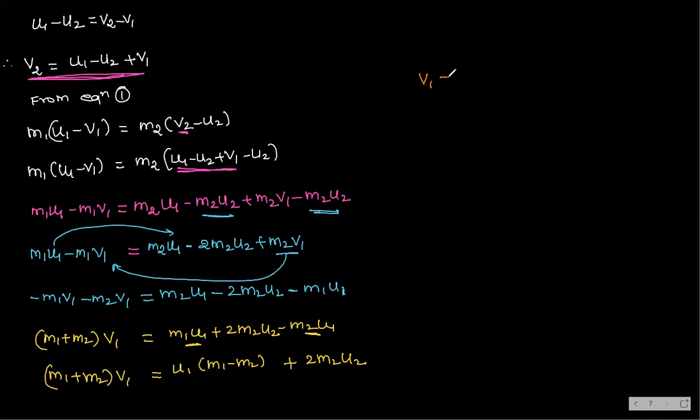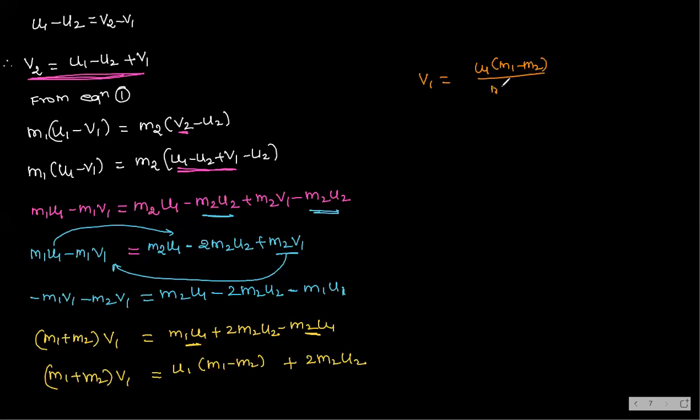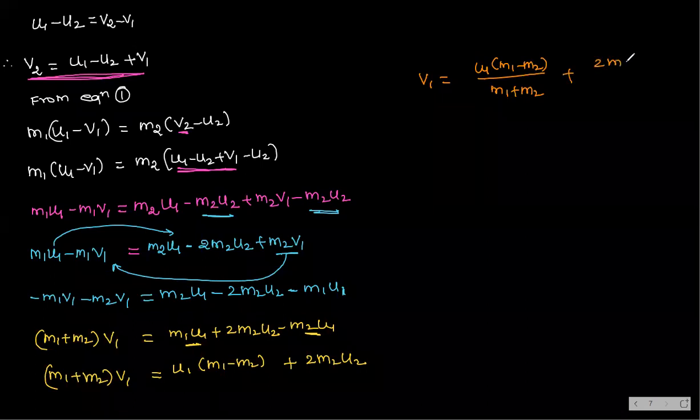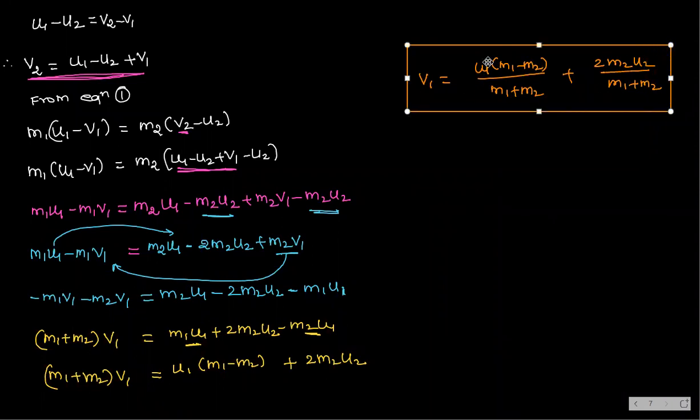Therefore v1 is equal to u1 into (m1 minus m2) divided by (m1 plus m2), plus 2 m2 u2 divided by (m1 plus m2). I got the v1 value. See, (m1 minus m2) u1 by (m1 plus m2) plus 2 m2 u2 by (m1 plus m2). Okay, got it? Understood? Clear?